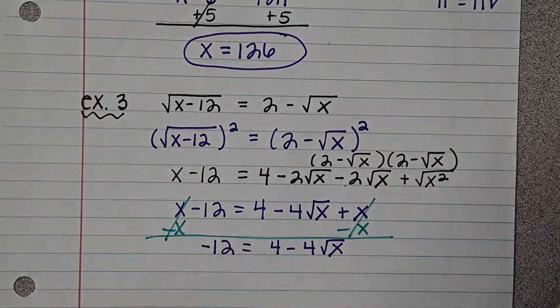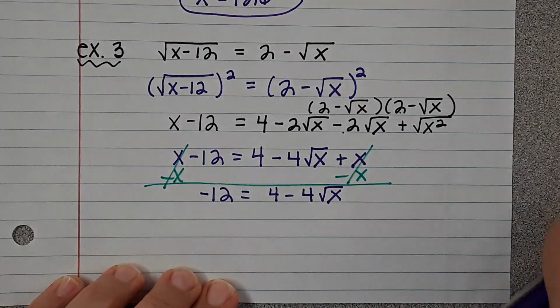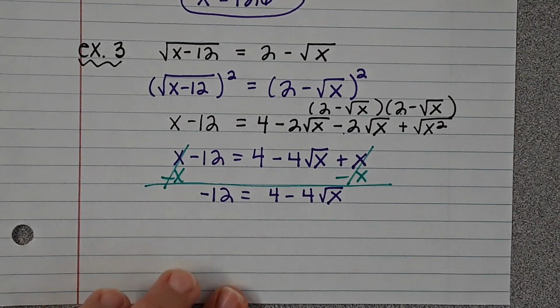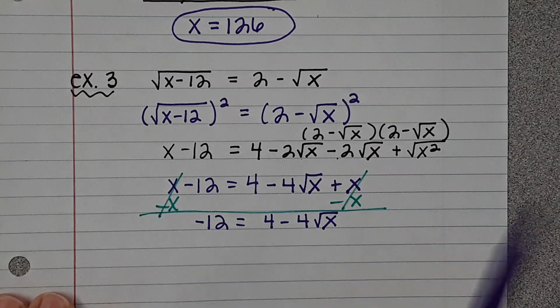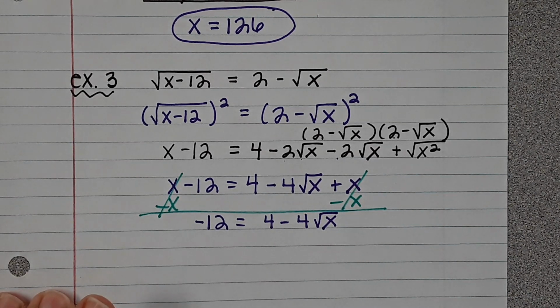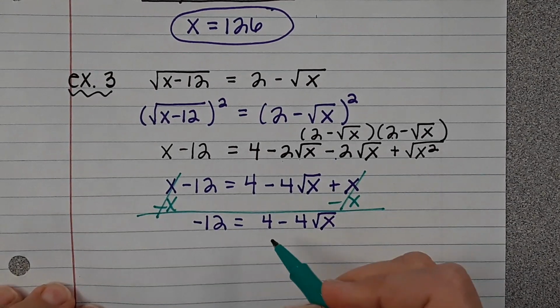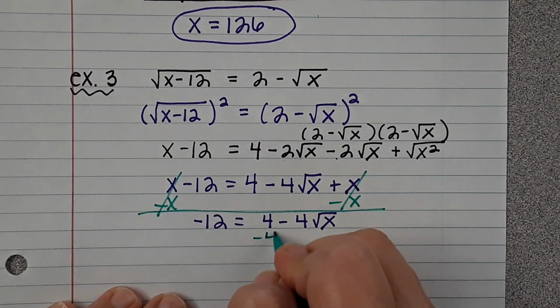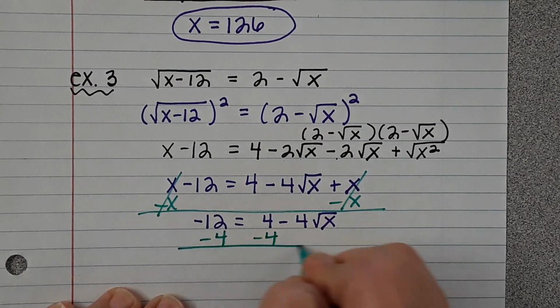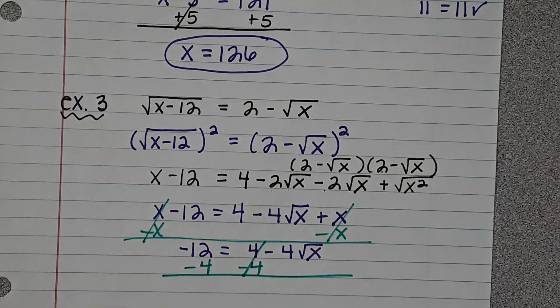Okay. Now, what do you think I need to move next? The 4 or the negative 4? The 4. If it's positive 4, when I move it, what does it become? What is negative 12 minus negative 4?